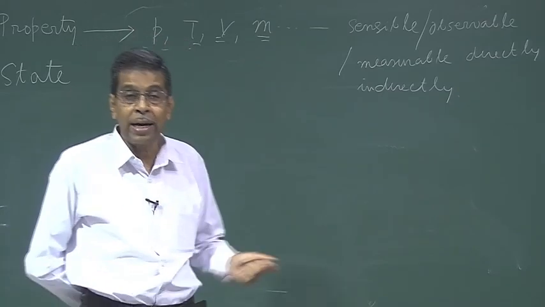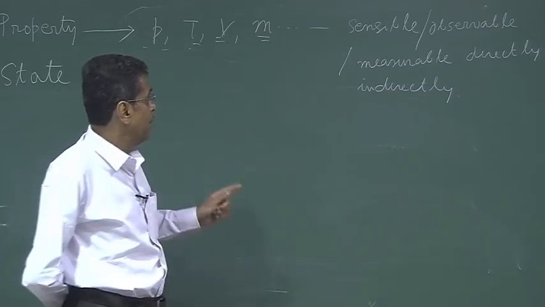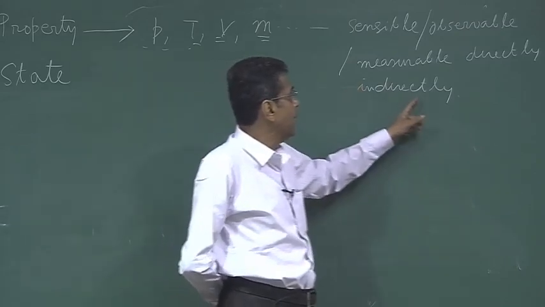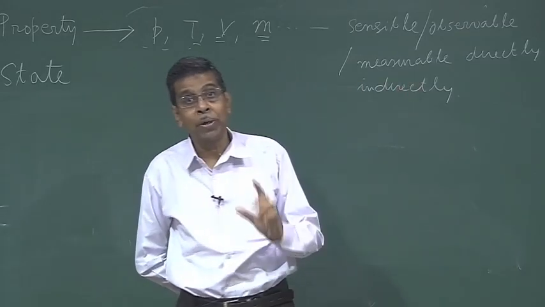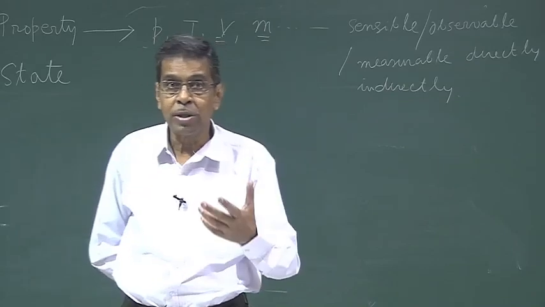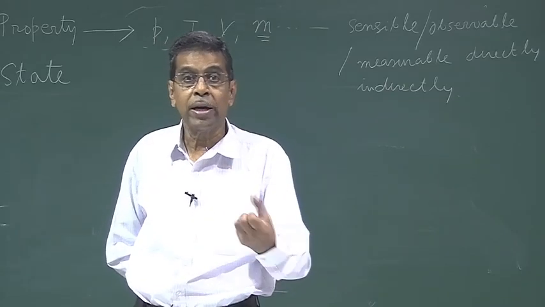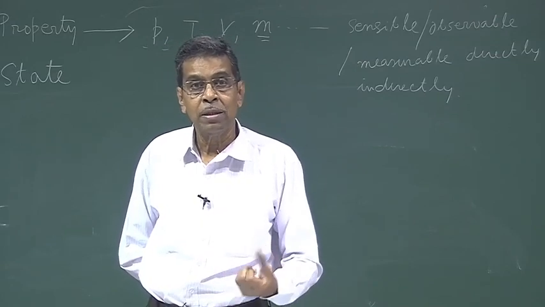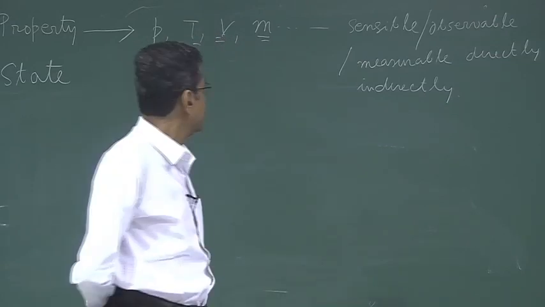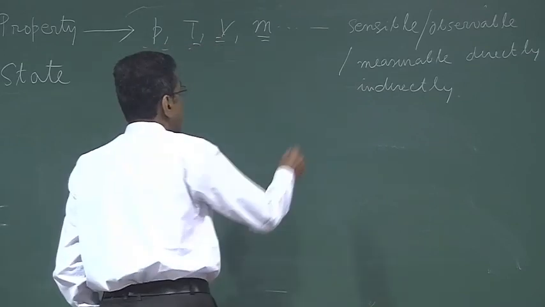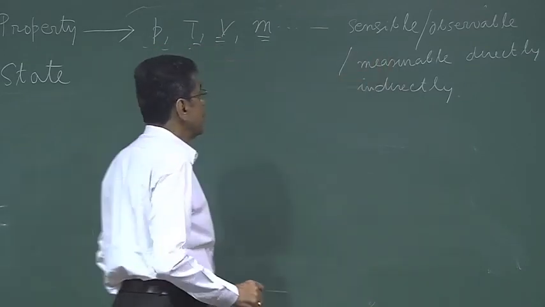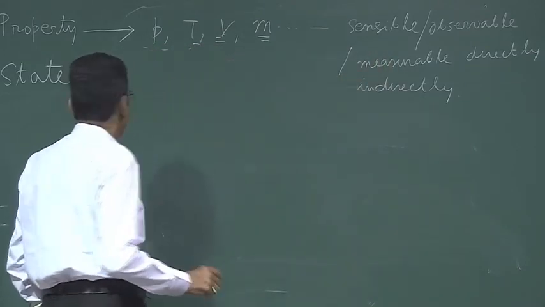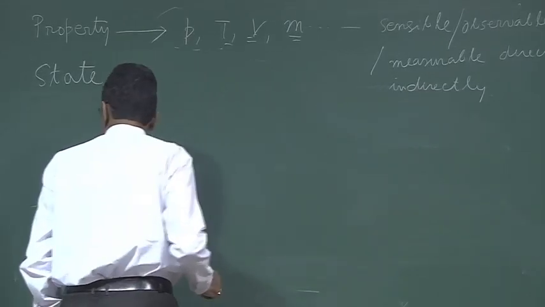Some properties cannot be measured directly, but can be determined indirectly from measurements of properties which can be directly measured. For example, entropy cannot be directly measured, but it can be determined from measurement of other properties from experiment. So these are the basic characteristic features of properties: sensible, observable, and measurable, directly or indirectly.